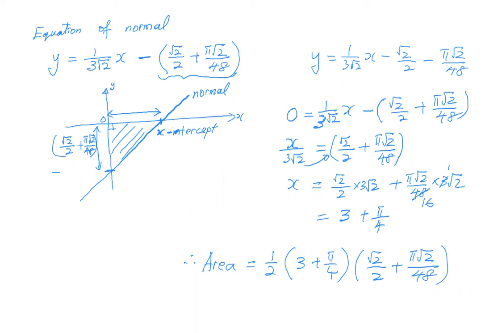Yes? For the last part of x, isn't it supposed to be pi over 8, not pi over 4? Oh, pi over 8. Yes, you are right. Because 2 divided by 16 divided by 2. You are right. You see, my calculation, my math is very poor.